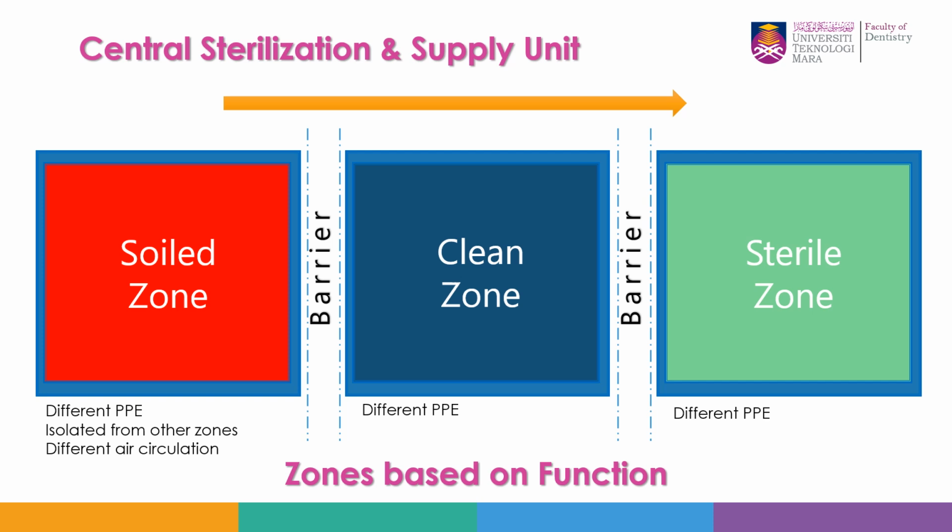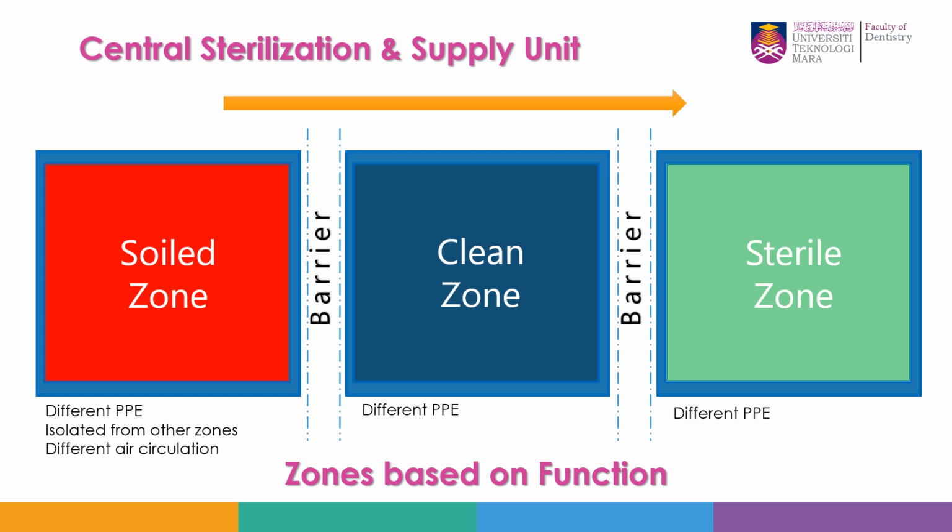What is in the barrier between the soil zone and the clean zone? It's a mechanical washer that we use to wash our instruments. Once washed, the instruments can enter the clean zone. The staff there wear a different PPE than in the soil zone, and they are receiving clean items but not sterile items.